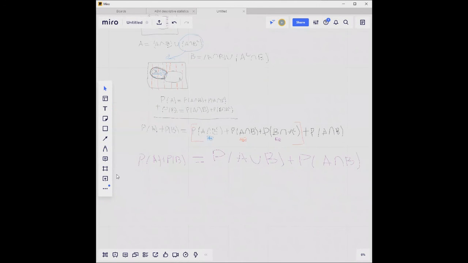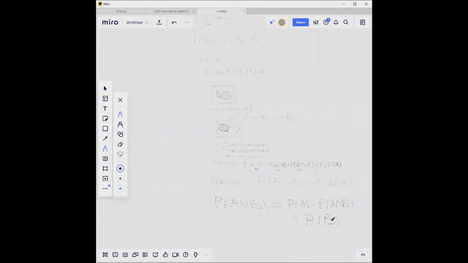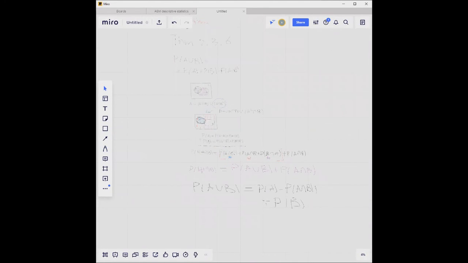All right, so we have proven that the probability of the union of two events A and B can be defined as probability of A plus probability of B minus probability of A intersection B. Okay, great. Now let's try to use the theorems to solve a couple of examples.